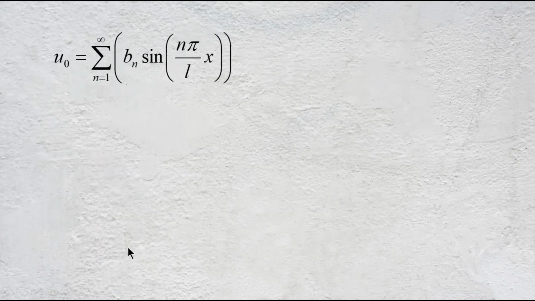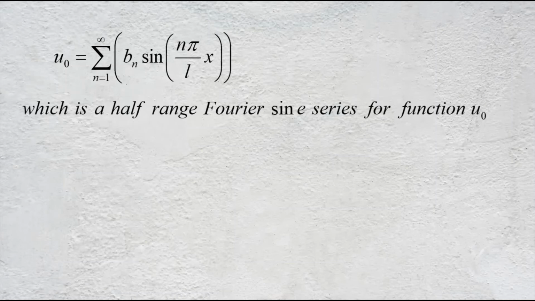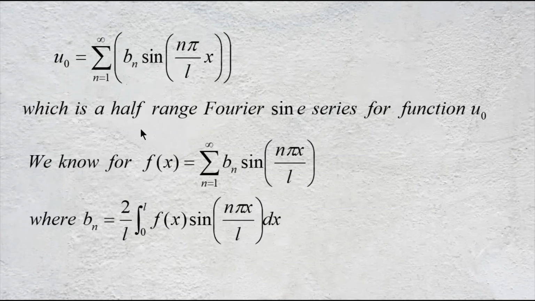So U0 is sigma n equal to 1 to infinity Bn sin n pi x by L, which is nothing but a half range Fourier sine series for the function U0. And you can compare these two equations. So U0 is your f of x, and Bn and sin n pi x by L both are the same. So Bn can be calculated using the half range Fourier sine series coefficient formula.